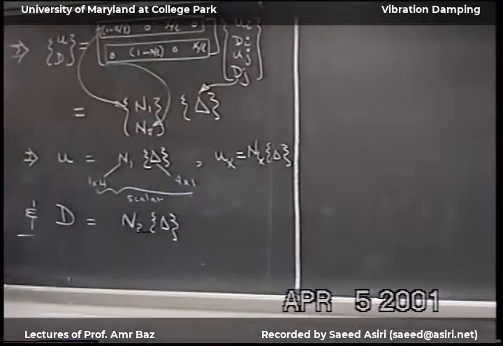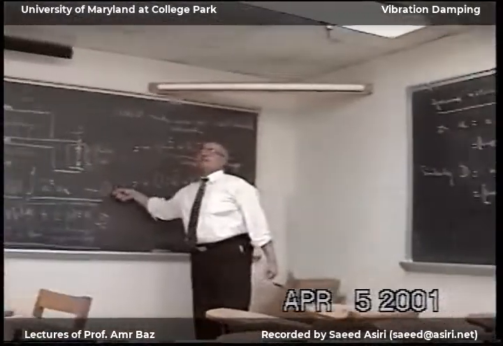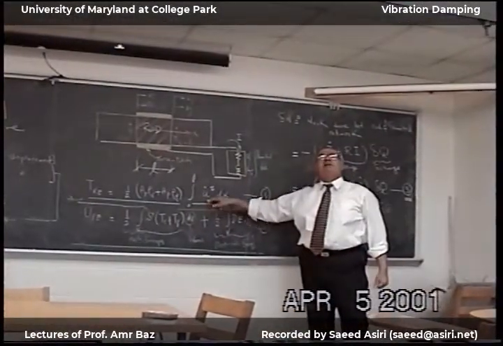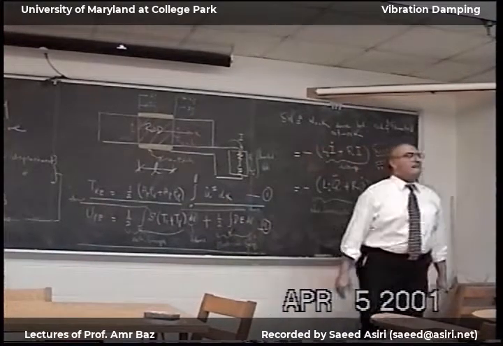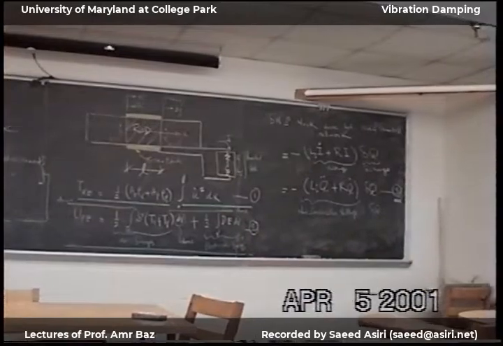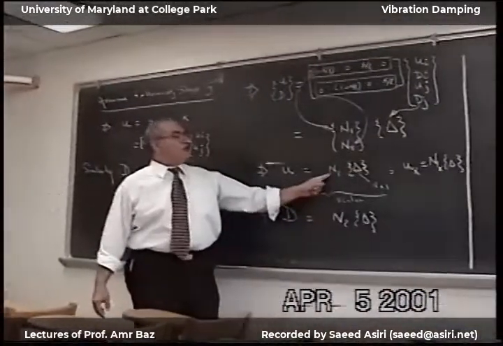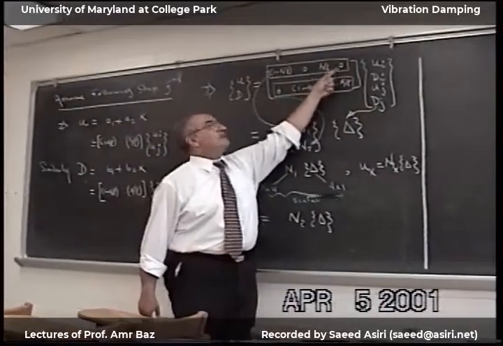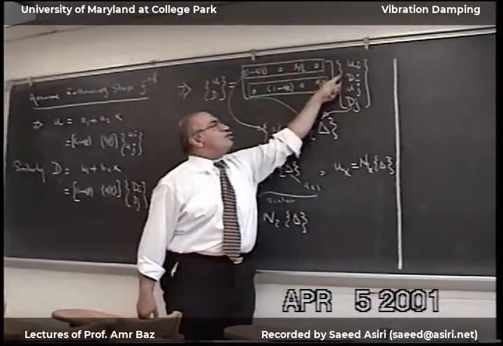Now the kinetic energy is very simple and straightforward. So I'm going to replace each u dot by N1 delta dot. The N1 has 0 and 0, so it has only the contributions of u and u.